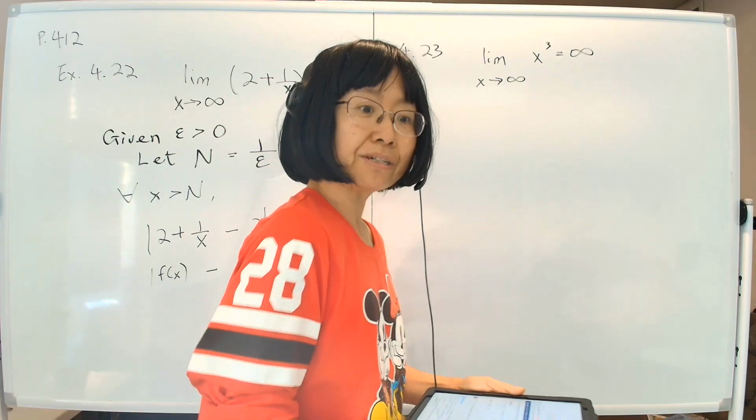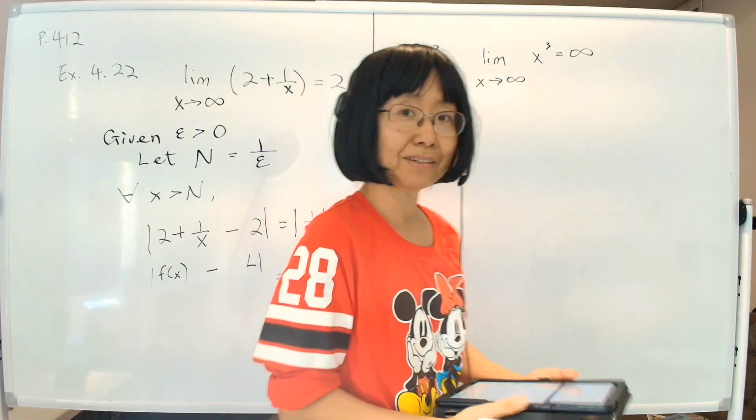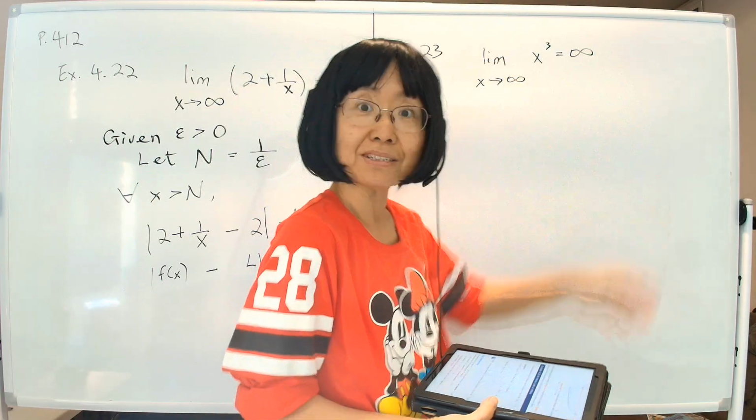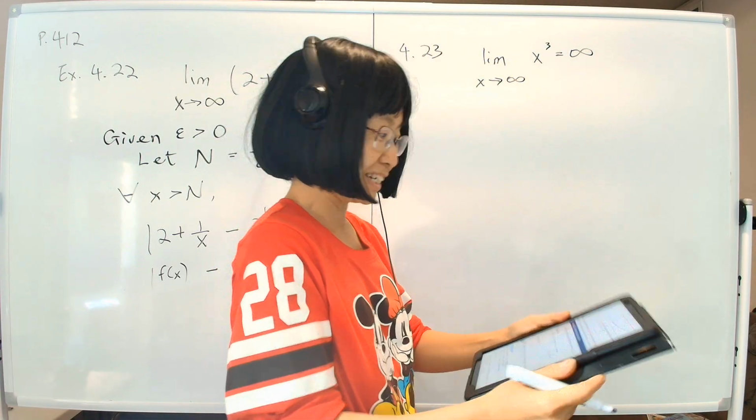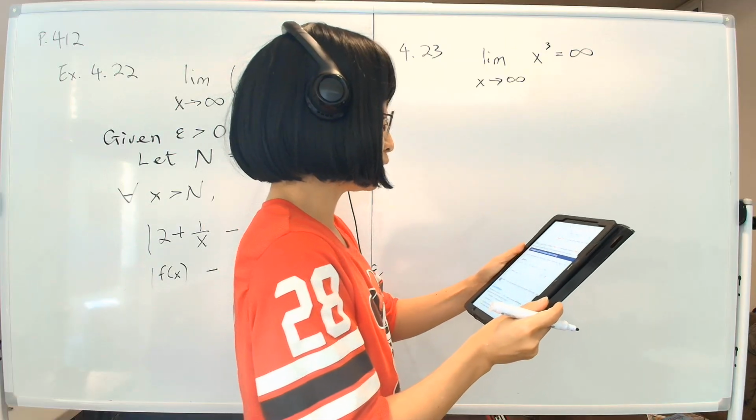Now, normally when you do the homework, you're just going to say, well, if x goes to infinity, obviously x cubed goes to infinity too. What do you want, right? But here we're doing a formal proof.